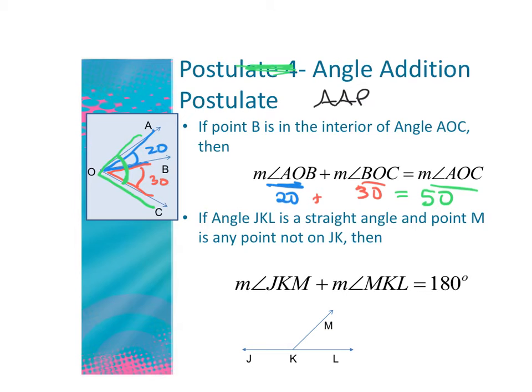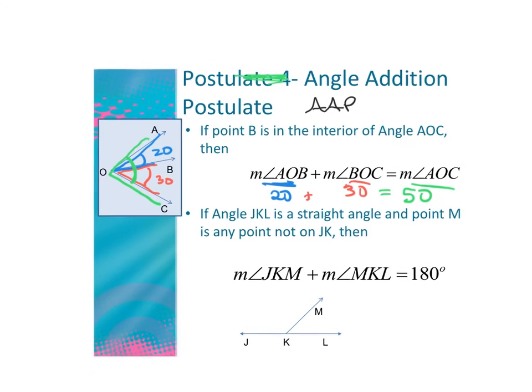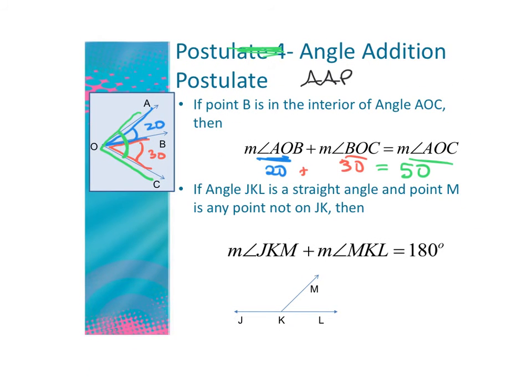So you take two angles, add them together to give you the larger one. Here, it says that if angle JKL is a straight angle, and point M is any point not on JK, then if I were to add JKM plus MKL, it's going to equal 180 degrees.